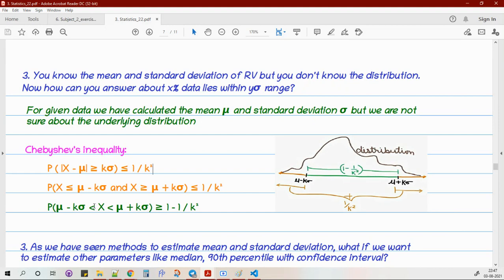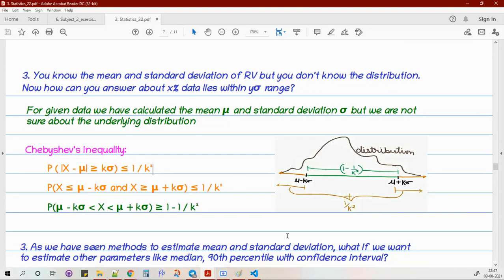So the probability of x lying between mu minus k sigma and mu plus k sigma is greater than or equal to 1 minus 1 by k square. And outside this range, the probability that the mod of x minus mu is greater than k sigma is less than or equal to 1 by k square.